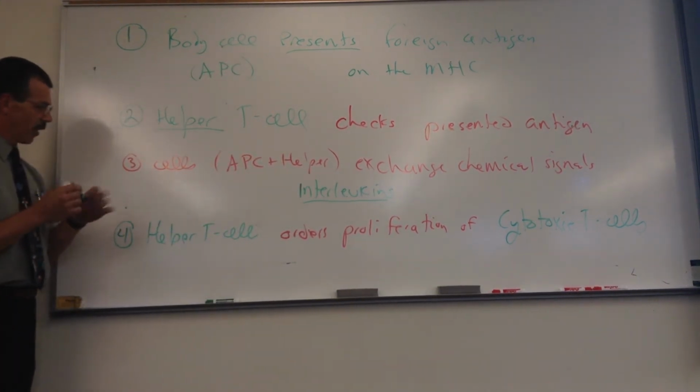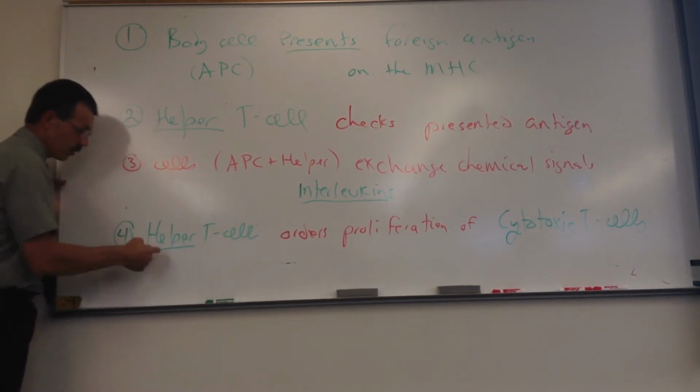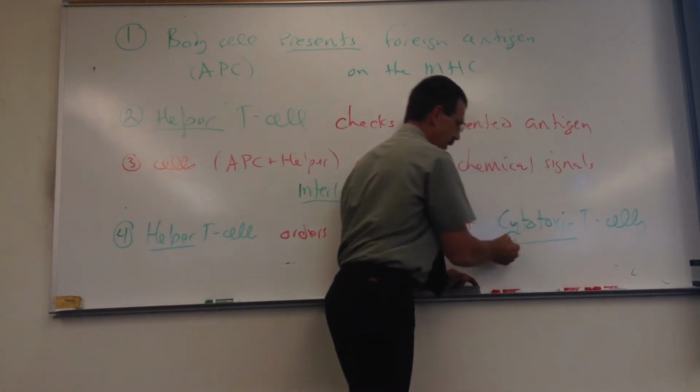One thing that's weird about T cells is different types. So here the helper T cell is ordering proliferation of a different type called a cytotoxic T cell.